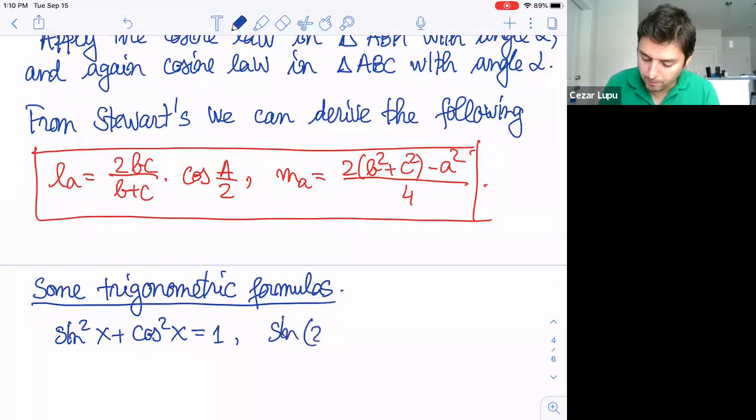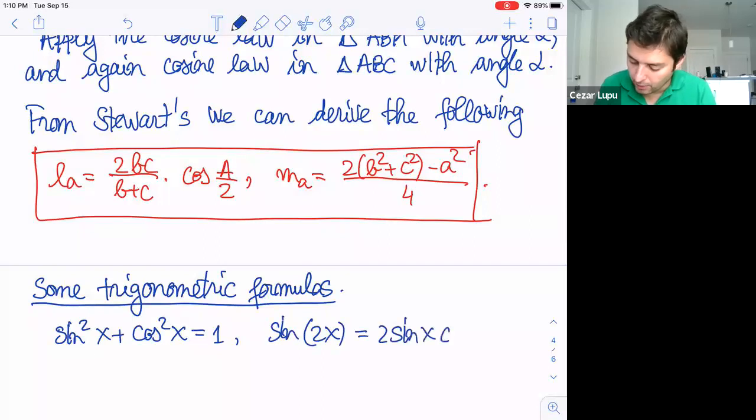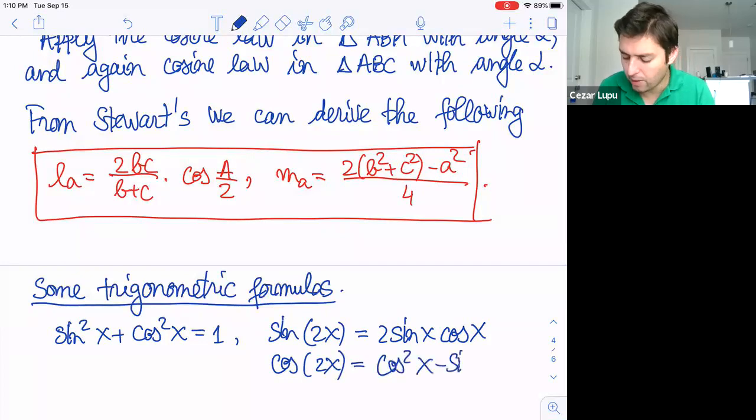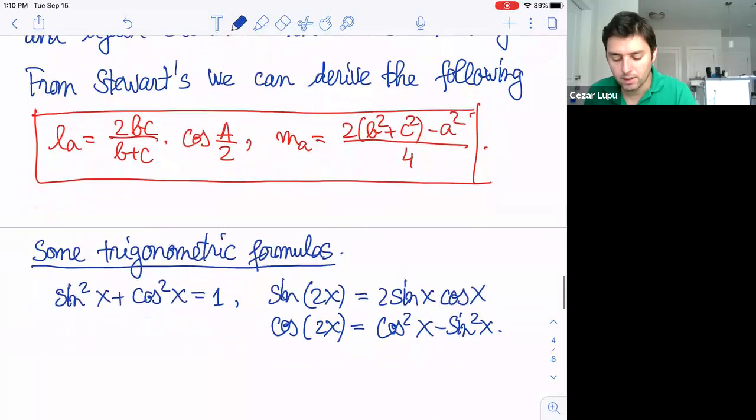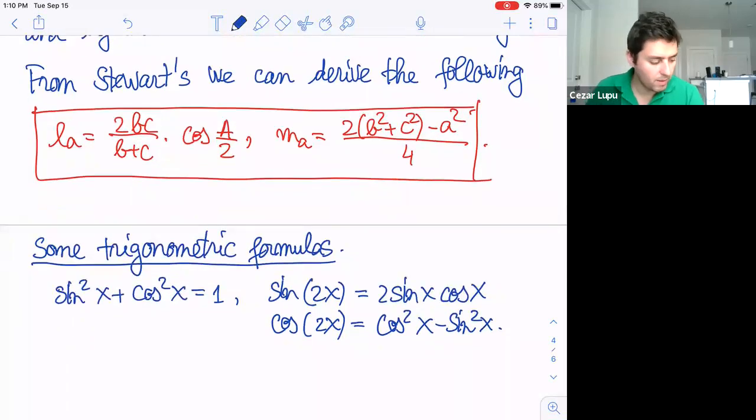Sine of 2x is 2 sine x cosine x, and cosine of 2x is cosine squared of x minus sine squared of x. There are some others: cosine of x plus y is cosine x cosine y minus sine x sine y. You can recap this from any Calc 1 course.